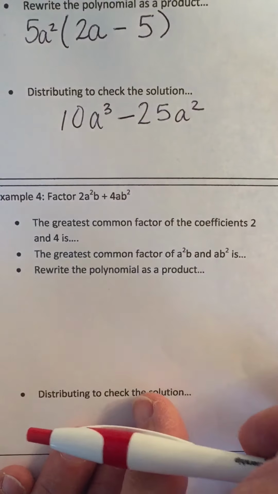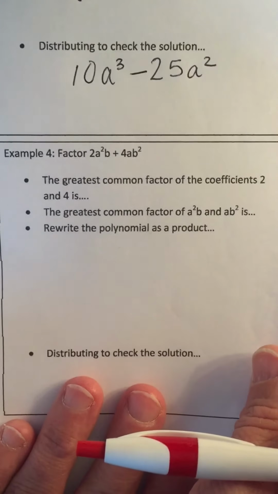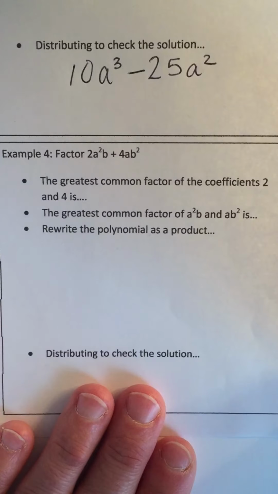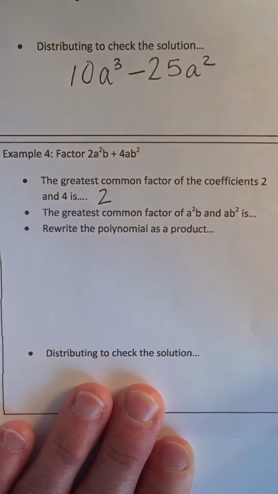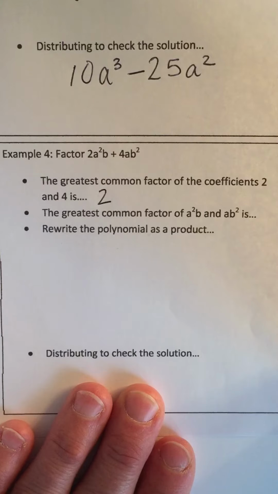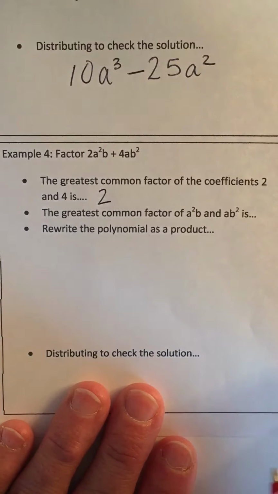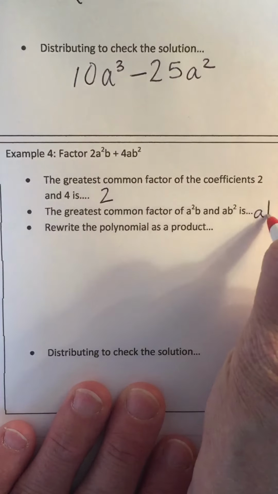Example 4. The greatest common factor of 2 and 4 is 2. Check your variables now. The greatest common factor of a squared b and ab squared is ab.